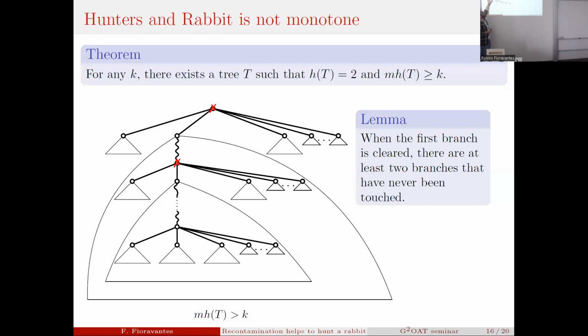One branch that is going to be the first one that is going to be cleaned, and 2 that have never been shot. From that point onward, we need to protect that vertex. And we continue like that. And I can have this be as big as I want, to require as many layers here as I need to have an arbitrary number of hunters during one turn, at least one turn. Okay.